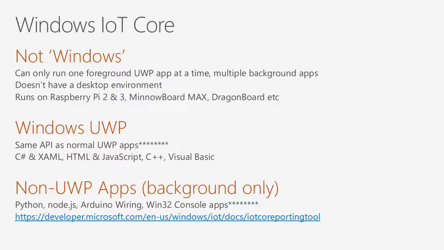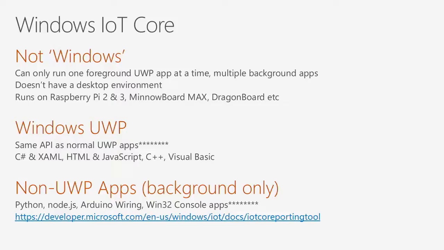It is exactly the same API as all the other UWP apps. Terms and conditions apply. There are some more APIs you get access to because it is IoT, but you also lose a few APIs that are only specific to the phone and the desktop. I'll get to that later.